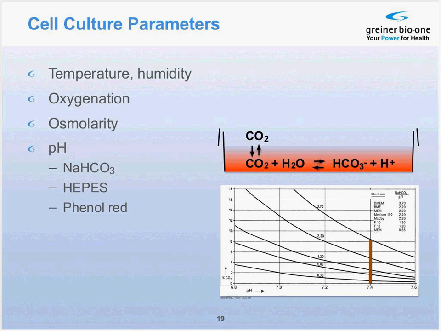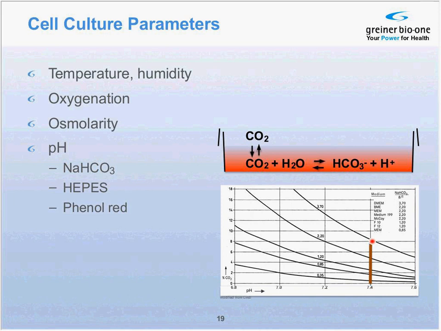To achieve a physiological pH of 7.4, almost 10% CO2 is required for DMEM medium, which is represented here and features 3.7 grams per liter of bicarbonate in the medium, in contrast to the 5% CO2 that is required for the minimum essential medium to achieve a pH of 7.4. And this is due to the higher amount of bicarbonate in the DMEM medium.